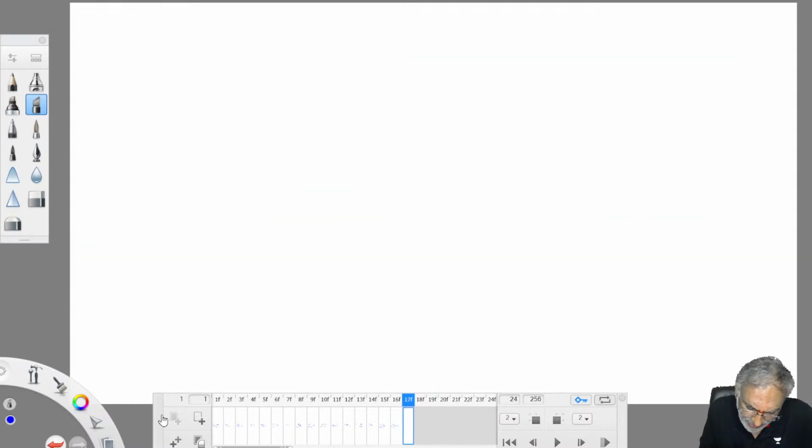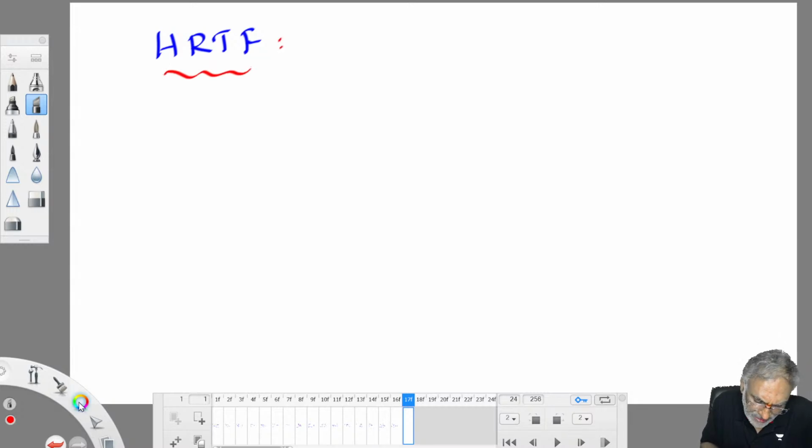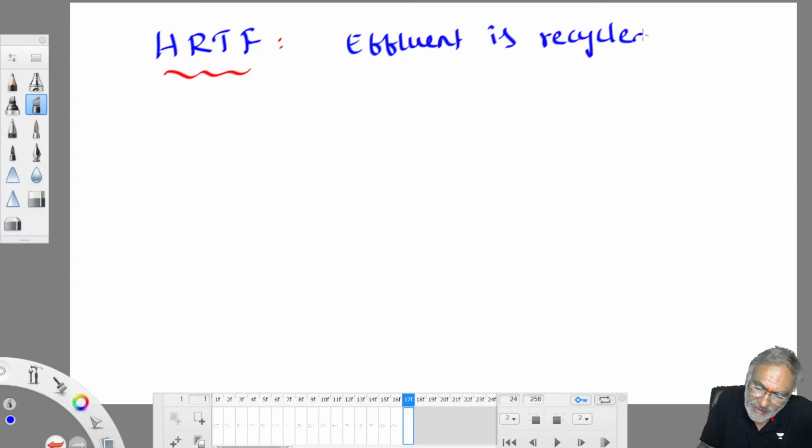In case of a high rate trickling filter, there is a recirculation of effluent. Effluent is recycled, not the sludge. Sludge is recycled in the activated sludge process. Therefore, R is not equal to 0, R is greater than 0.